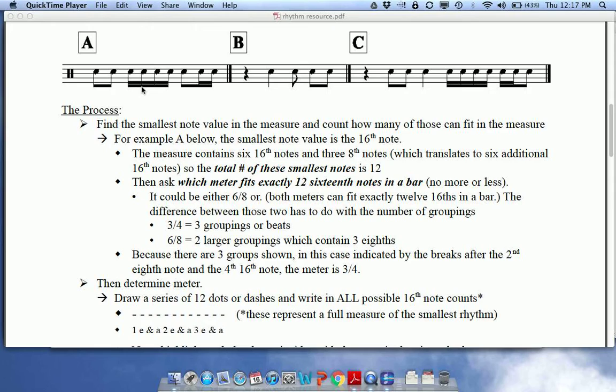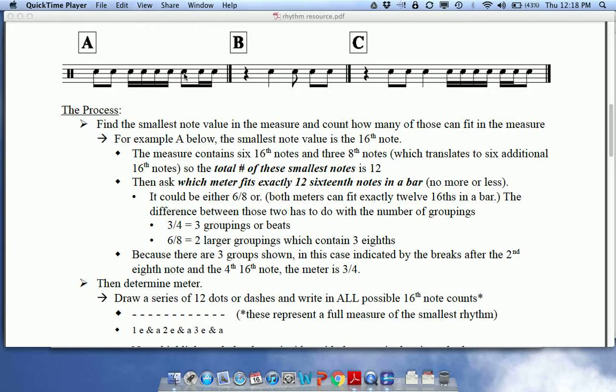So let's say we have 1, 2, 3, 4 16ths, 5, 6. I'm kind of going out of order just to go by note value for the time being. So we have 6 16th notes. Then we have left over 1, 2, 3 8th notes, which translates to another 6 16th notes.